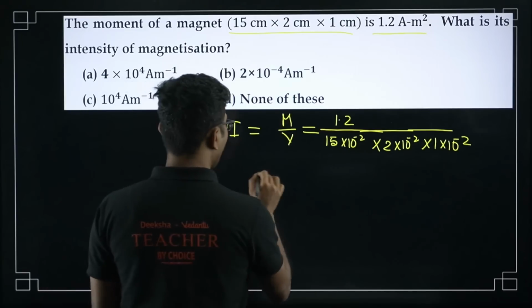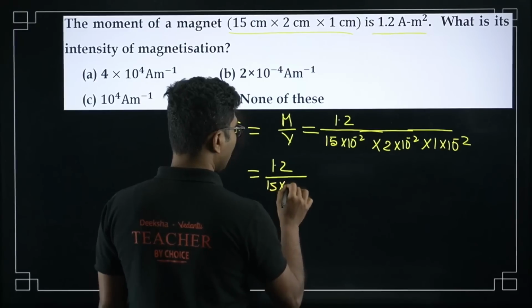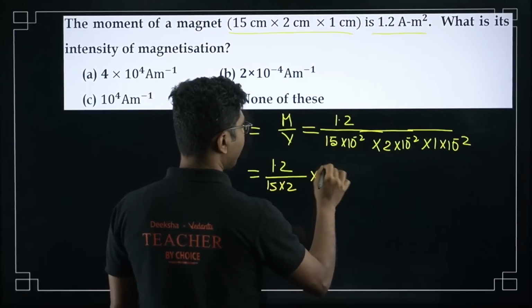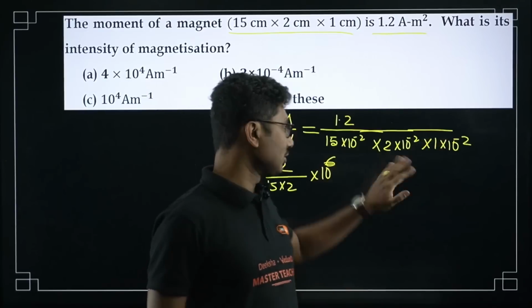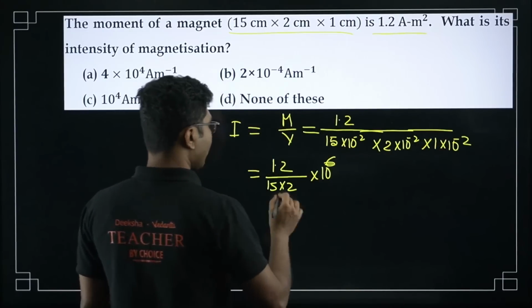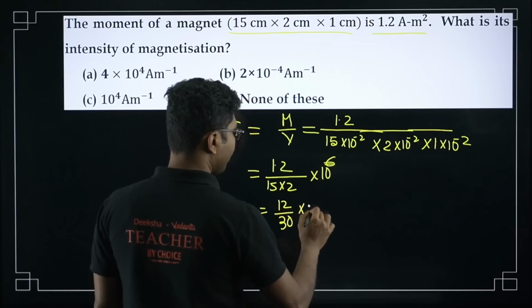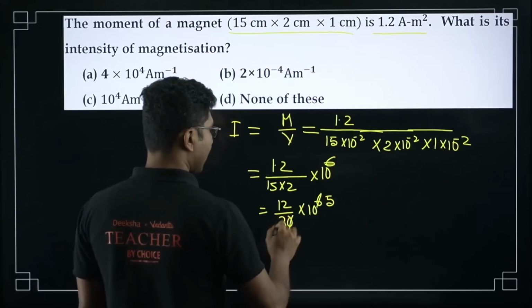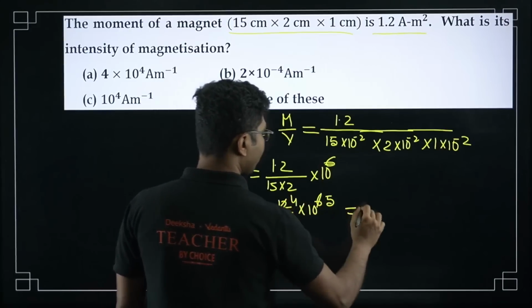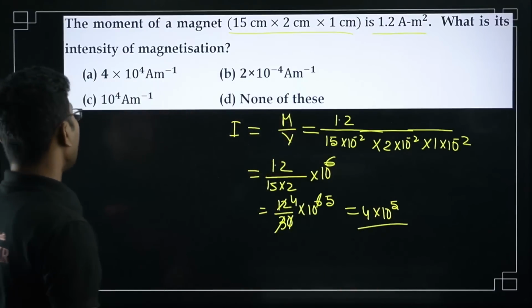So it will be 1.2 divided by 15 into 2 into 10 to the power of minus 2, minus 2, minus 2, minus 6 goes up, becomes plus 6. Okay, so it becomes 12 by 30 into 10 to the power of 6. 10 can be cancelled over here and we get 4. So 4 into 10 to the power of 5. This is the value.